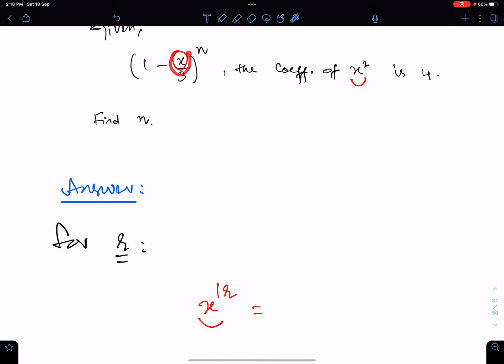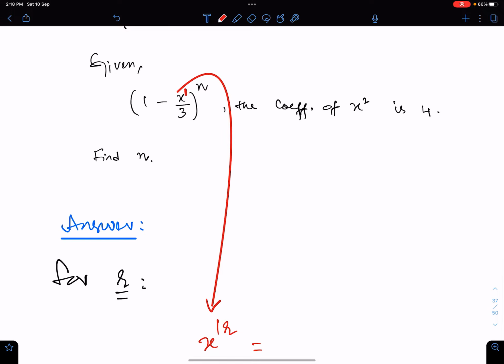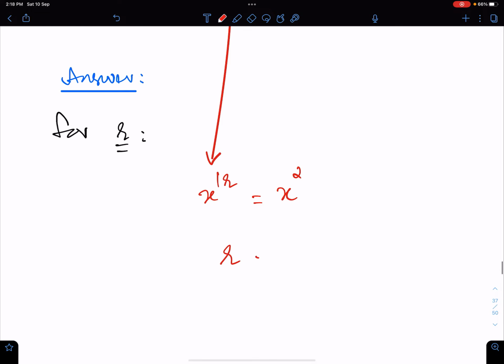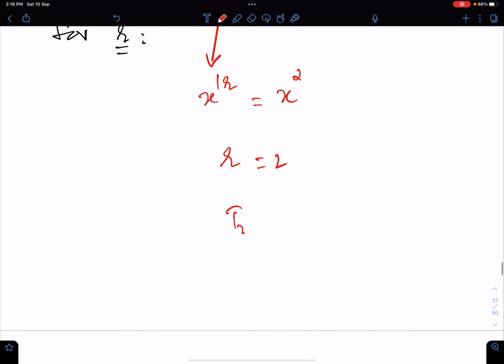So first write this x as x power 1r, and then equate this thing with the requirement. Make sure you write this x power 1 as x power 1r, and then you should equate this x with this x to get the value of r. So r is 2. Therefore the term number is 3. You just need to find T3.